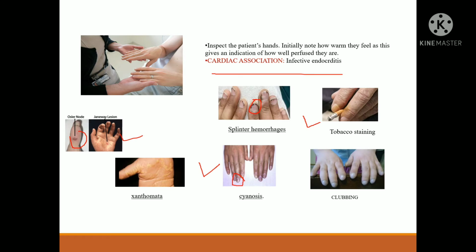These are changes in the areas under and around the fingernails and toenails, which give an inverted spoon position. The next is xanthomata. These are accumulations of lipids which can be seen over the hands. And these are all suggestive of infective endocarditis.